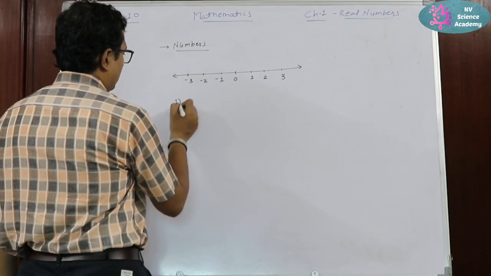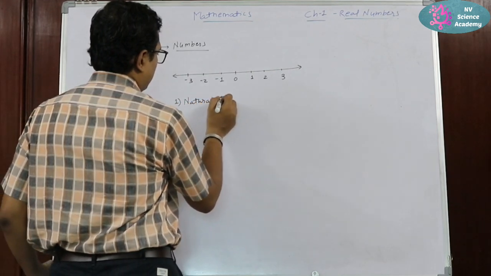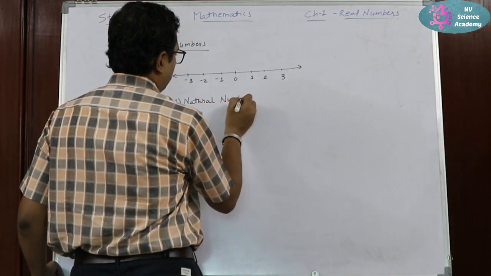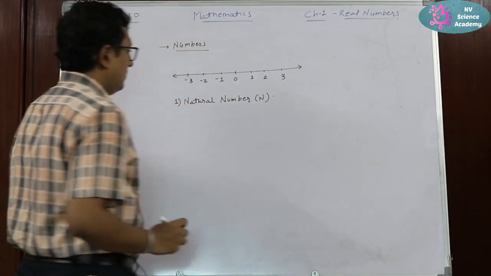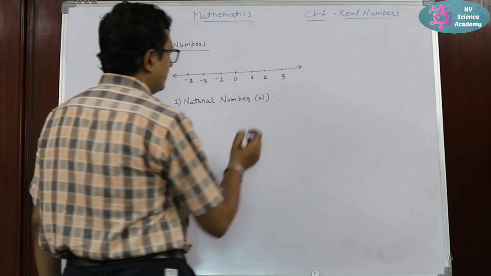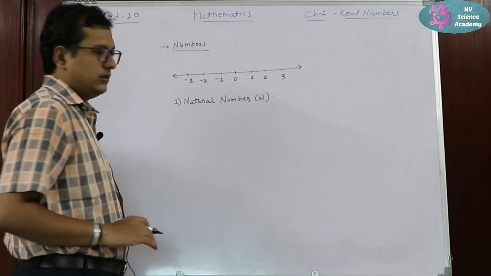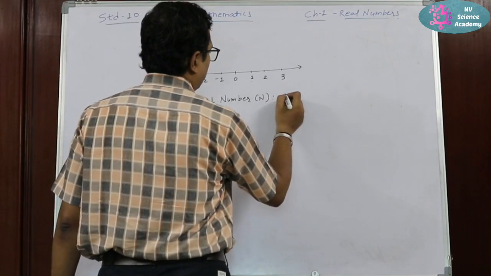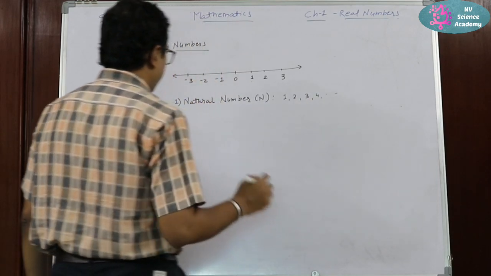The first is the natural number, denoted by N. Natural numbers include 1, 2, 3 and up to infinity. It is the group of numbers that starts with 1, 2, 3, 4 up to n.